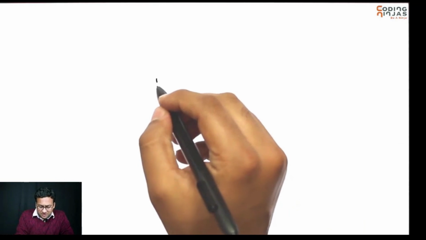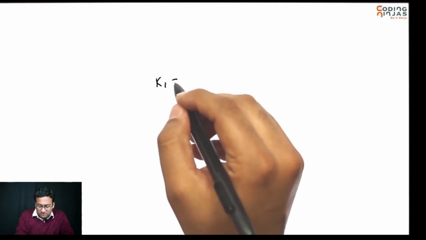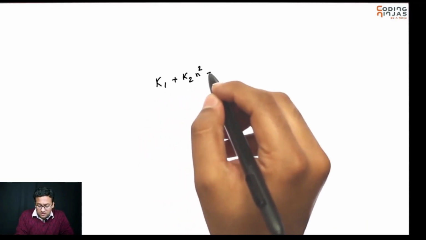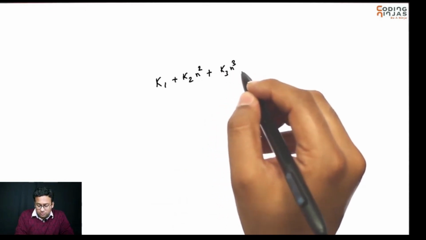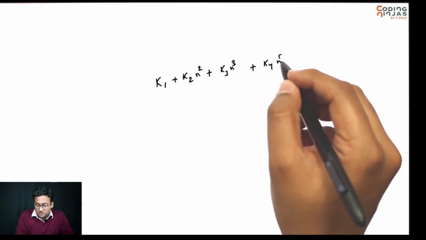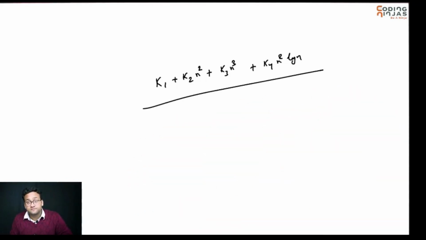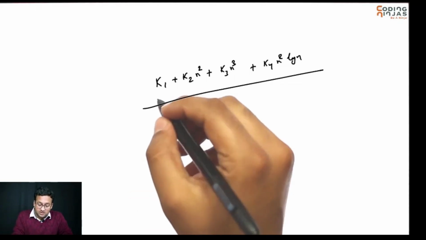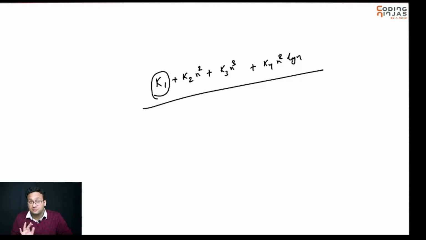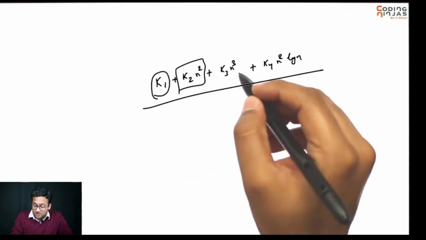For example, let's pick one more example. Let's say k1 plus k2 n square plus k3 n cube plus k4 n square log n. Out of these terms, how will you quantify your algorithm in one term? This you can ignore with respect to n cube.